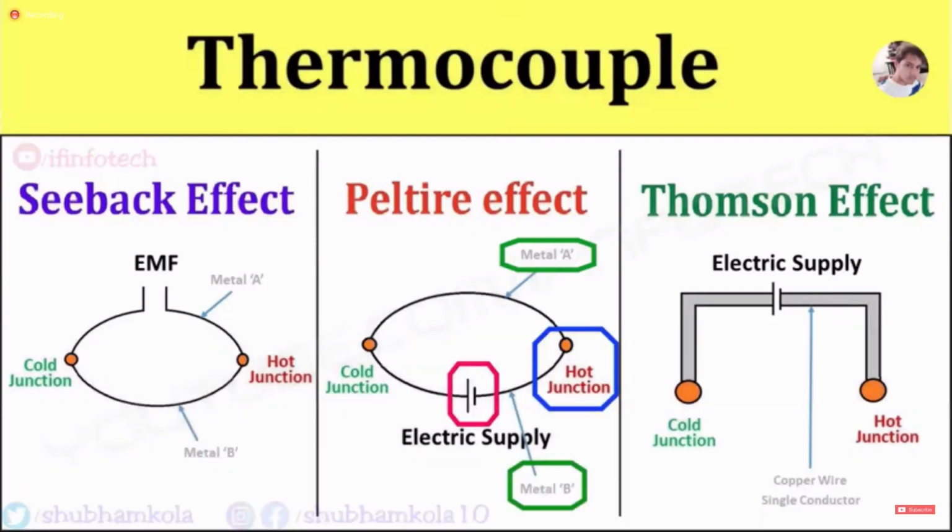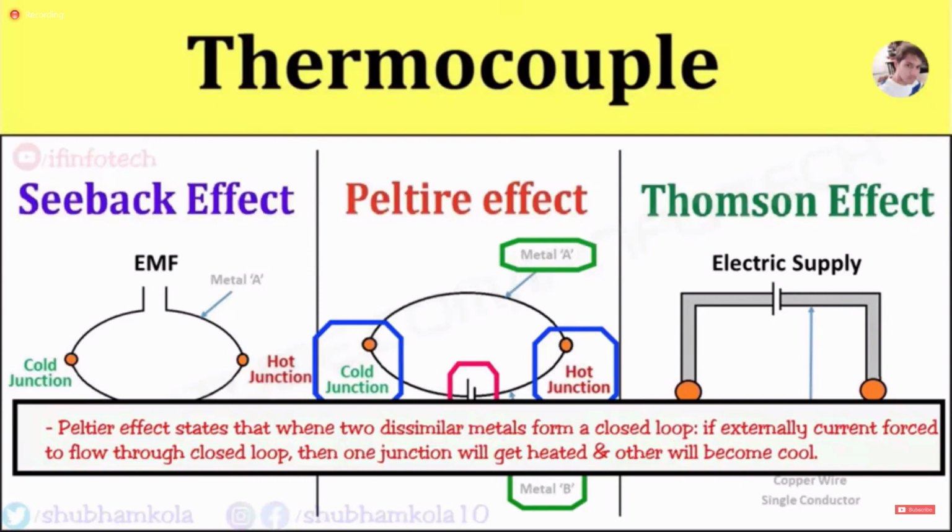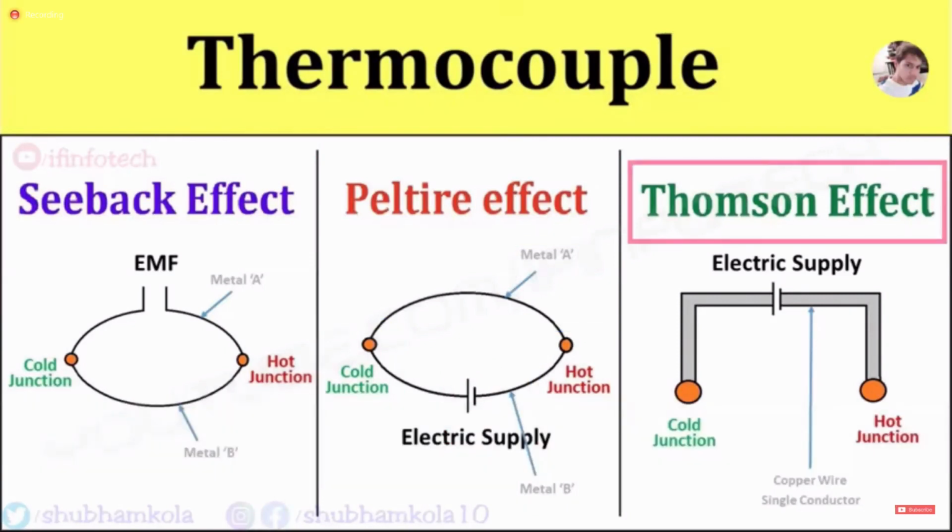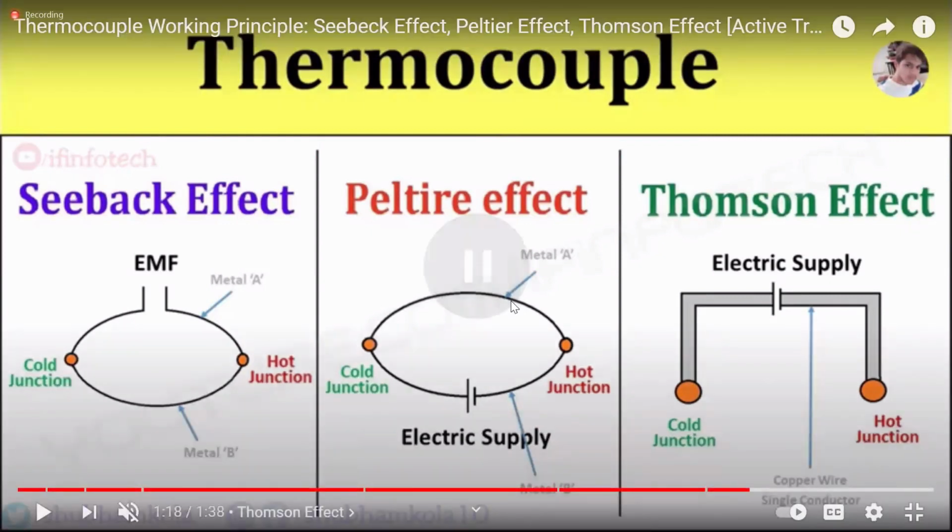By using two metallic wires, we can frame two junctions. And if you allow current flow in the circuit, you can observe one junction will get heat energy and another junction will lose heat energy. That is, one junction liberates temperature, another junction will absorb the temperature.